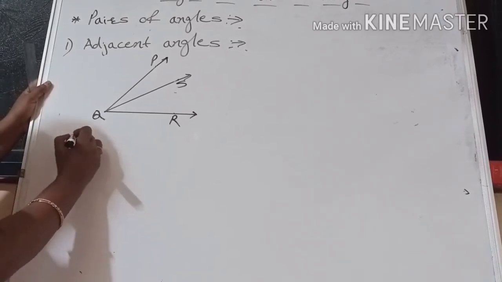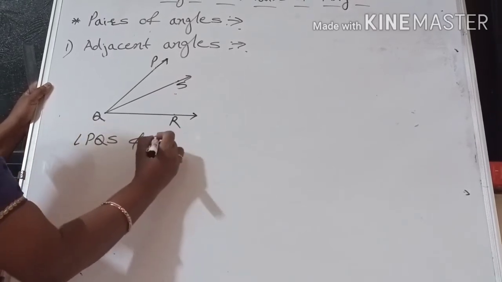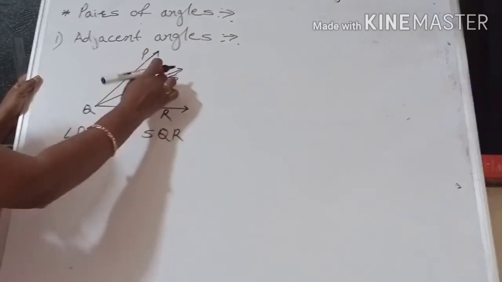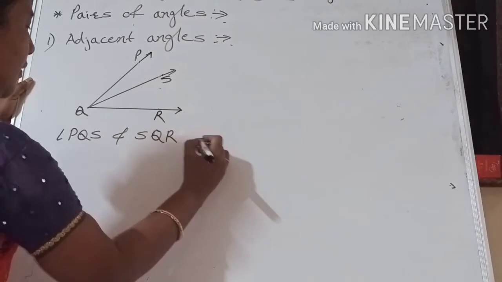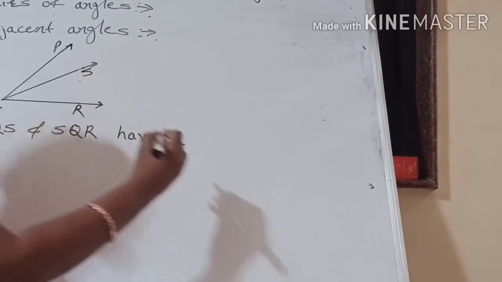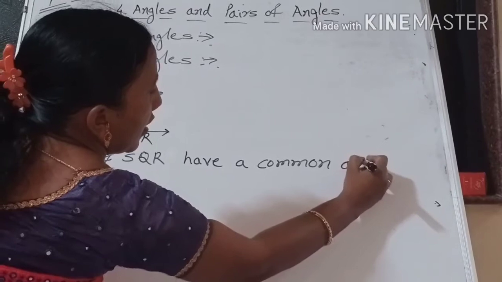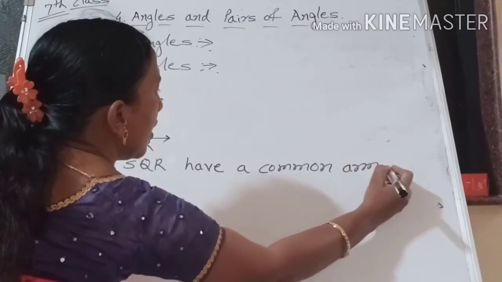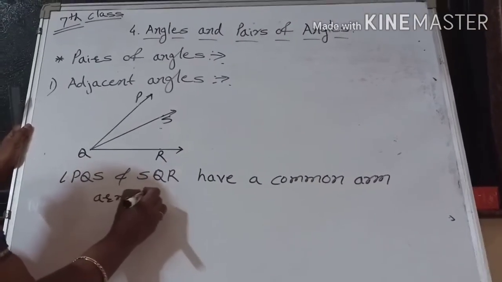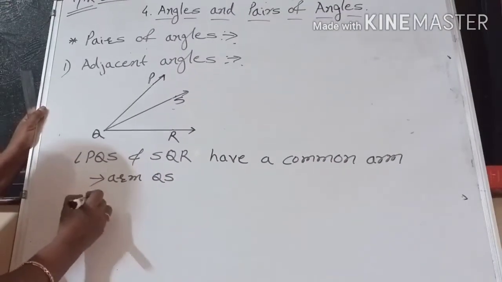So, write down angle PQS and angle SQR have a common arm QS and common vertex.